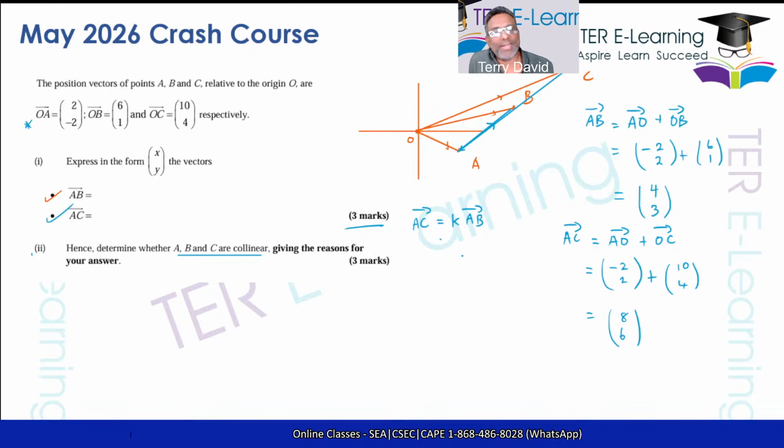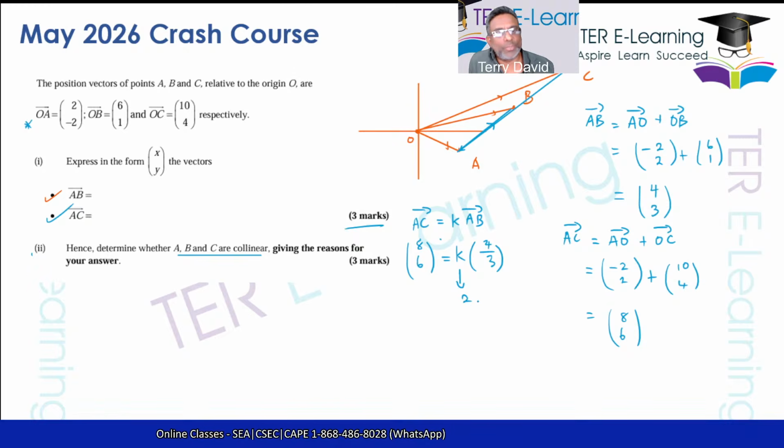The vector AC is (8, 6), and the vector AB is (4, 3). You will notice that K has to be equal to 2. This is how you write your answer: AC is equal to 2 times the vector AB. That's the first thing.